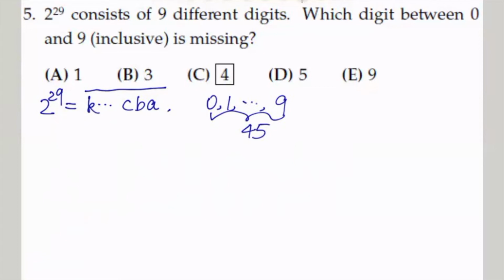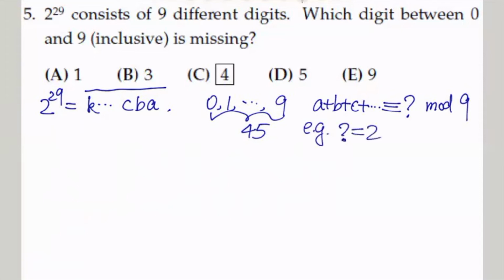So if we know the sum of the digits, if it's congruent to something in mod 9, then we know which digit is missing. For example, if the remainder is 2, which means the digit 7 is missing.